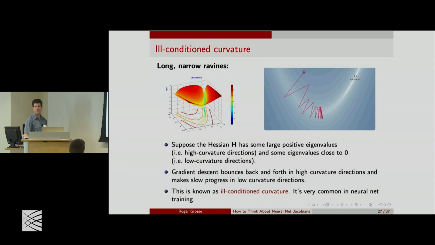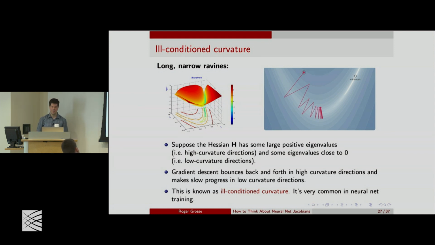And what this means for optimization is that if you have a function with ill-conditioned curvature, which means that it curves really quickly in one direction and very slowly in another direction, then if you run gradient descent with a fixed learning rate, it'll basically bounce around really quickly in the directions of high curvature and get stuck in the directions of low curvature.